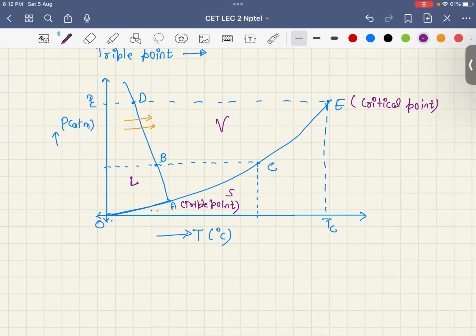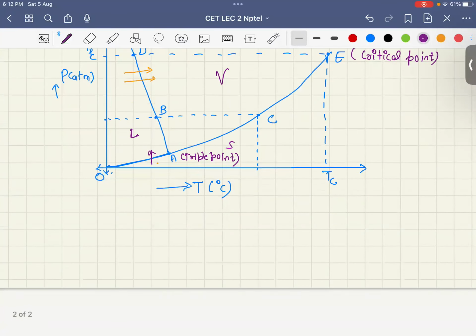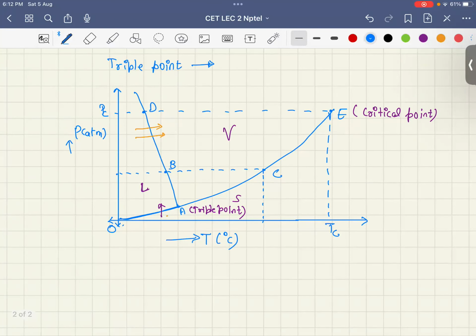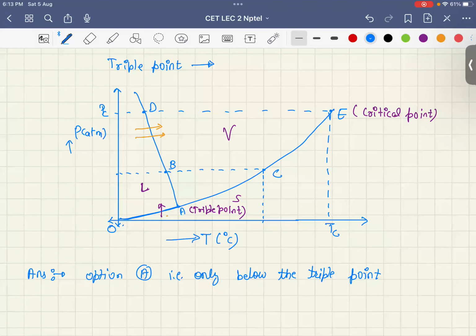So sublimation will occur only here, that means the pressure and temperature have to be below the triple point. The sublimation can be carried out below the triple point only. Above it, the ice will first liquefy and then evaporate.